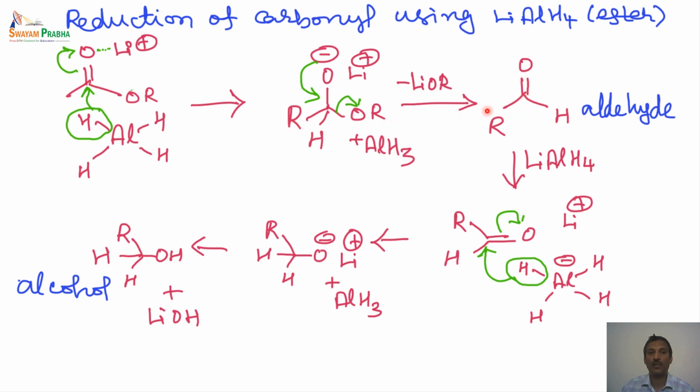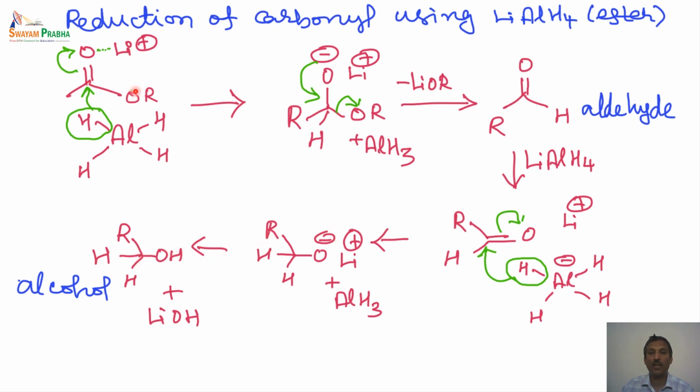So the first reduction of the ester gives the aldehyde, and this again undergoes reduction using lithium aluminium hydride. This time another hydride ion is added to the electropositive carbon atom, and the double bond is shifted towards the most electronegative oxygen, and this produces the oxide anion, which undergoes protonation to give the corresponding alcohol.